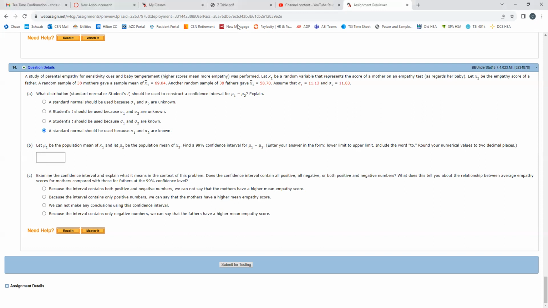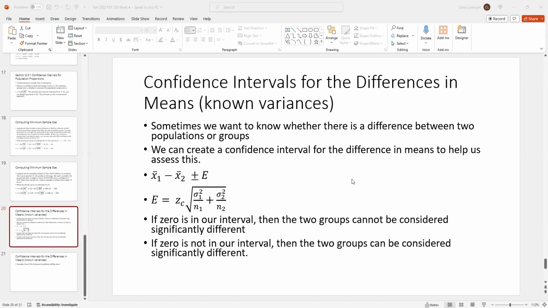So as we are going through, what we're going to do is go back and remind ourselves what those formulas were to help us find these things. In order to find this, we were going to find our standard confidence interval for the difference in means as follows.